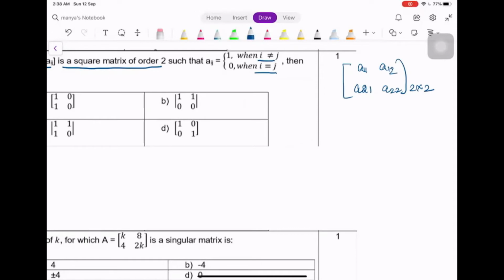This is the matrix which has been talked about in the question. It says that when i is not equal to j, the value is 1. When i is equal to j, the value is 0.